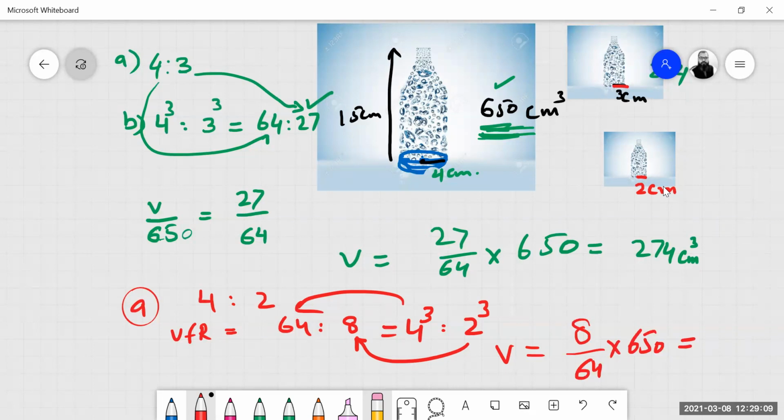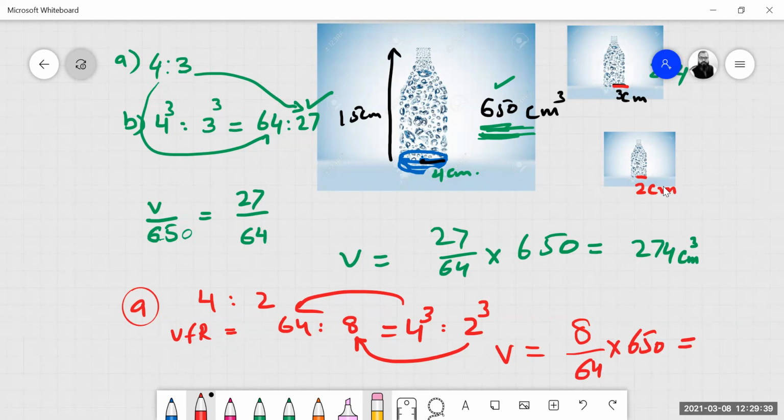Okay, let me do 8 divided by 64. Muhammad Kareem, where are you? I'm here. It should be 64 ratio 125, the answer of B. There is A in question one.